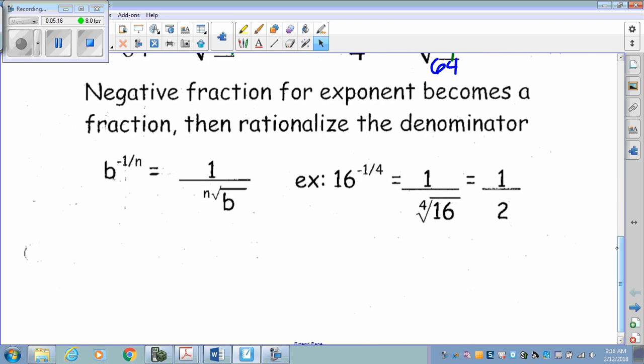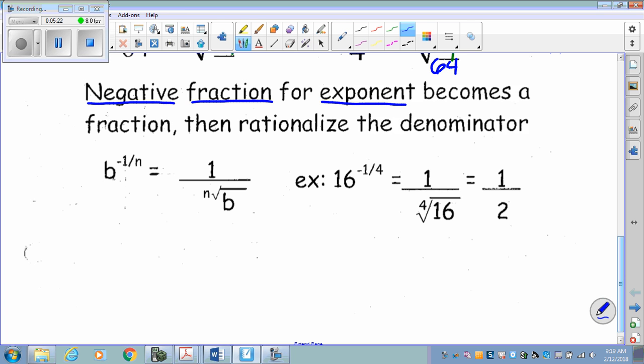If you have a negative exponent, that means that the fraction is in the denominator.